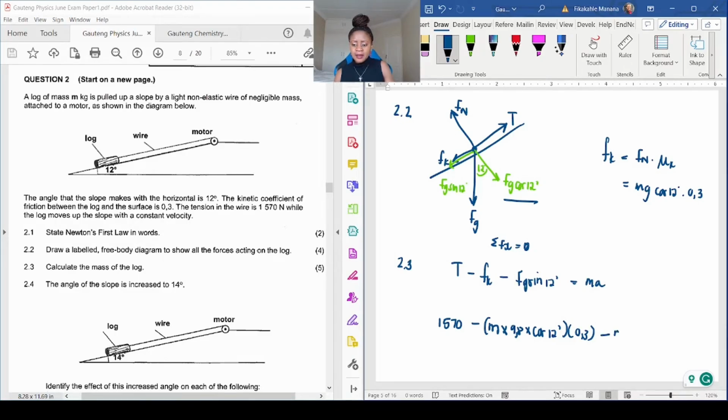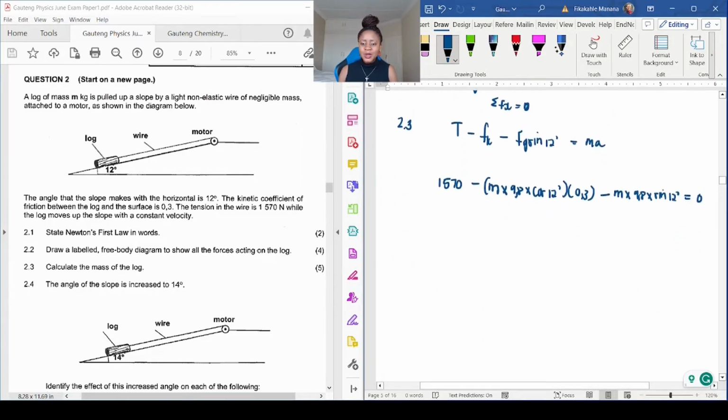So again, m times 9.8 times sine 12 degrees, and it's equal to ma. The acceleration is 0, thank God, or else we would have had two unknowns. We would need another equation, and oh my goodness. All right, so we have 1570. Now let us see.